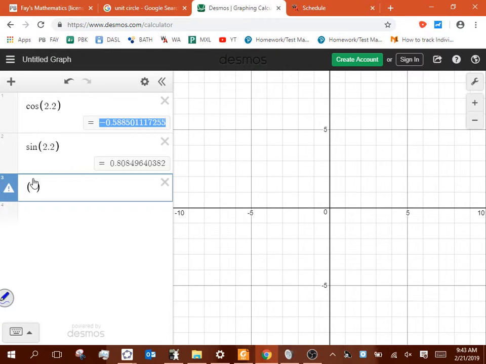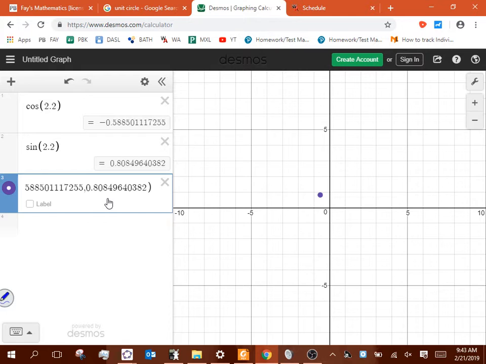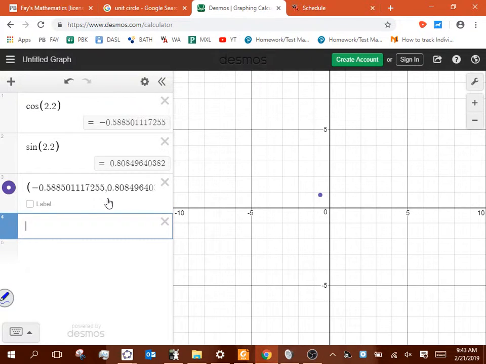Control C, V, comma, Control C, V. I'm going to place that point right there. Does that make sense? Well, why is that point important to us? If I go x squared plus y squared equals 1, is that point on that circle? On the unit circle, right? Okay. So 2.2 radians would be the arc that goes from here all the way up to that black point.